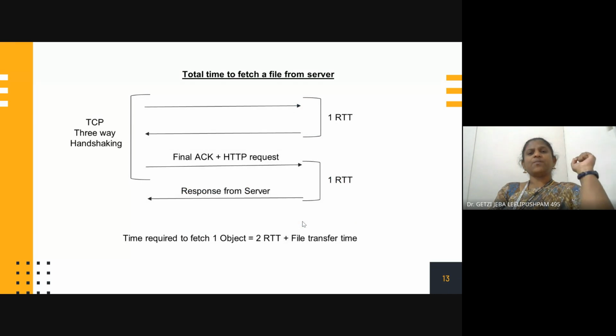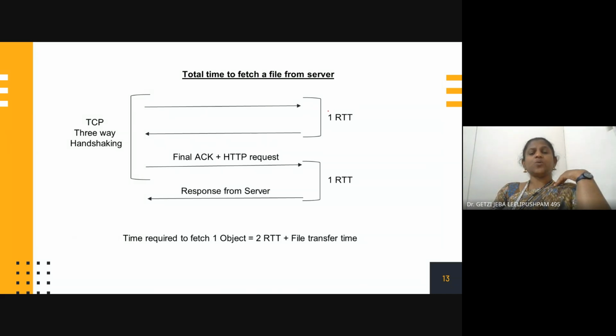Now if you examine the time taken to fetch a file from the server, TCP has a three-way handshake, right? Initially a client sends a hi, then a server sends a hi, and then you have the final acknowledgement from the client, which is accompanied by the HTTP request, and then the server responds.